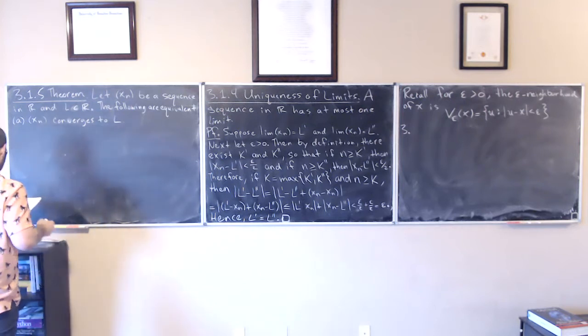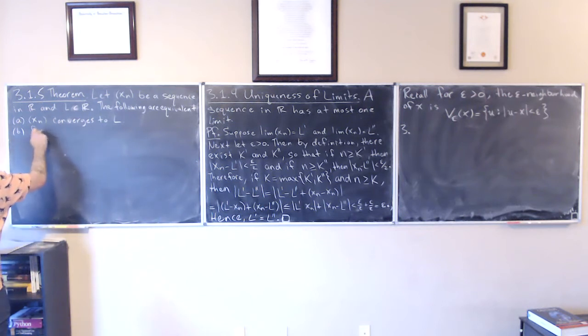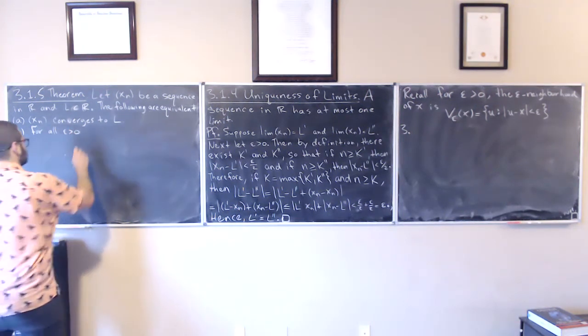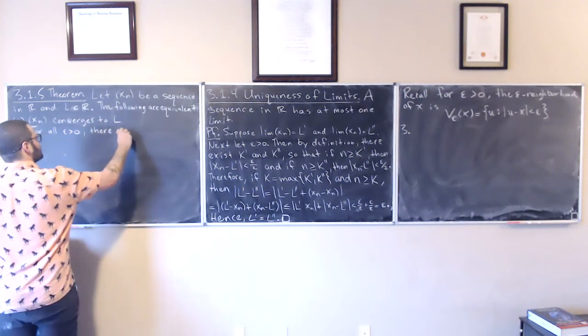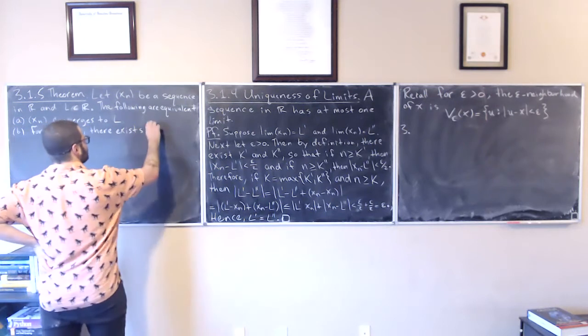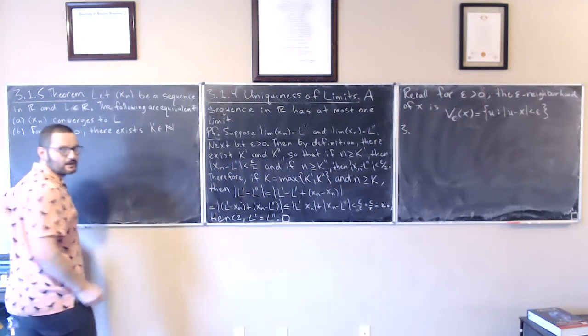Part B: for all epsilon greater than 0, there exists some natural number k, which is dependent on epsilon.